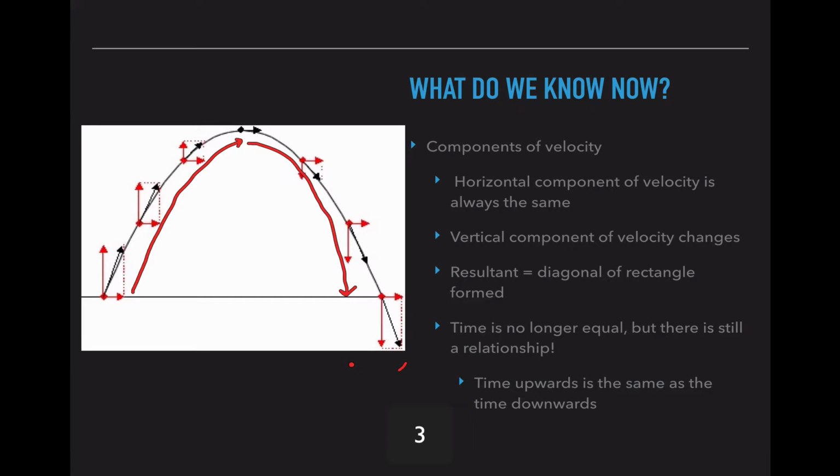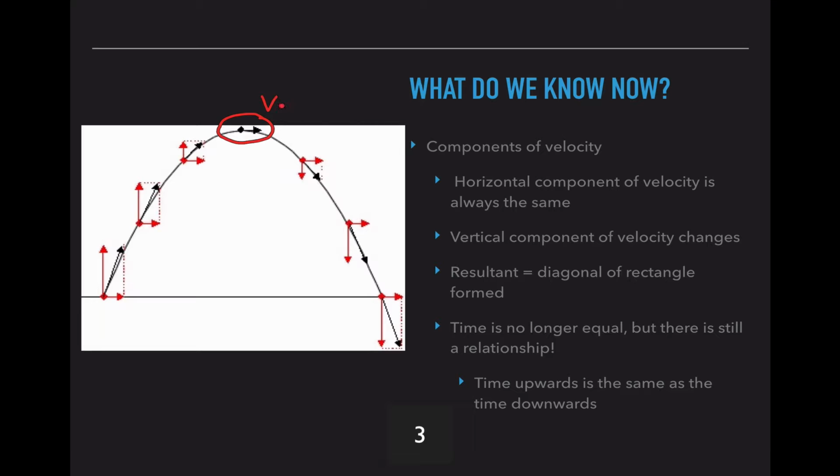So now time in our x direction is always 2 times time in the y direction. So time in the x, this entire path is actually twice as long as it takes to get to the maximum height.